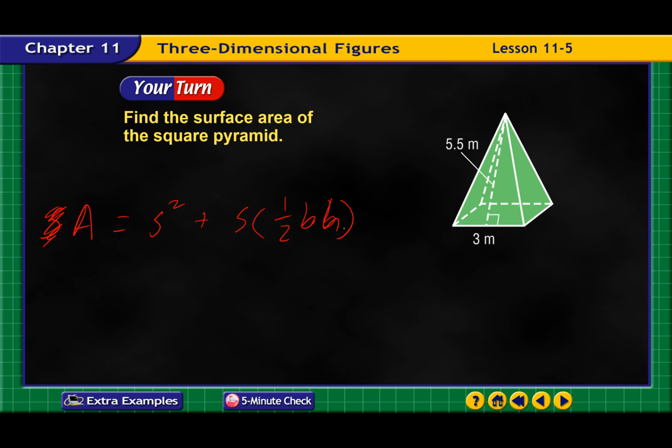So I'm going to go 3 squared plus 3 times 1/2 times base times height. My base is going to be 5.5, times 3. Multiply all that together, it's going to come out to 42 meters squared.